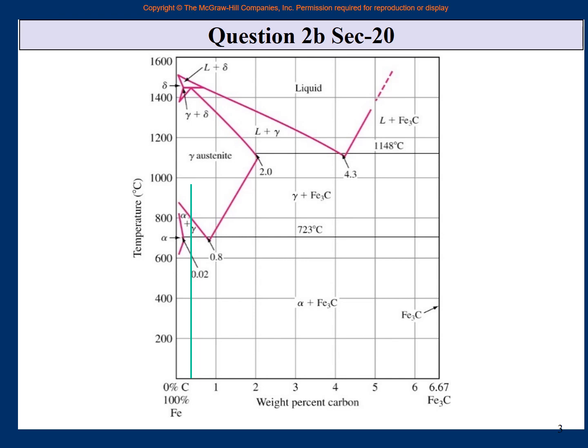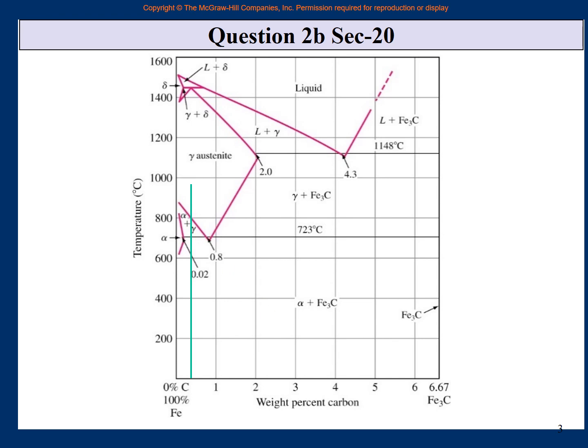Whatever gamma was there changes into alpha first. So whatever alpha is forming here is pro-eutectoid alpha, and at this line just above it, whatever alpha you find there is the amount of pro-eutectoid alpha.